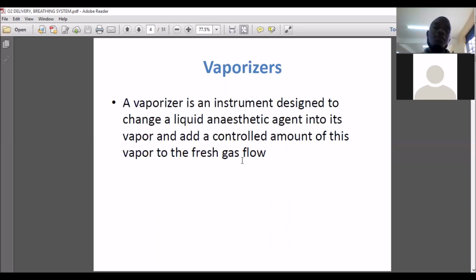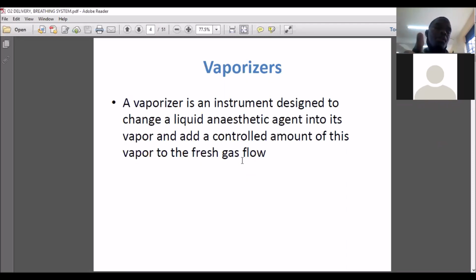So the first thing we have looked at is a vaporizer. A vaporizer is an instrument that is designed to change the liquid anesthetic agent into a vapor and add a controlled amount of this vapor to the fresh gas flow. So the fresh gas passes through, part of it goes down, picks the liquid agent, vaporizes it, then that vaporized agent comes back to the mainstream.